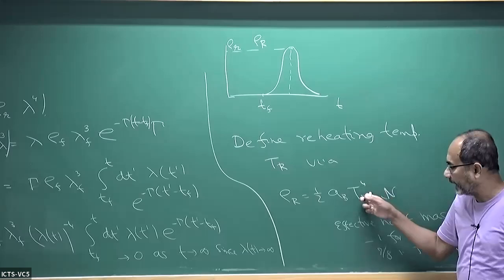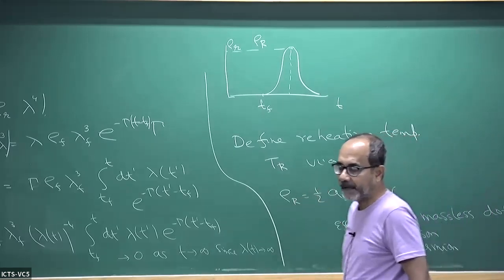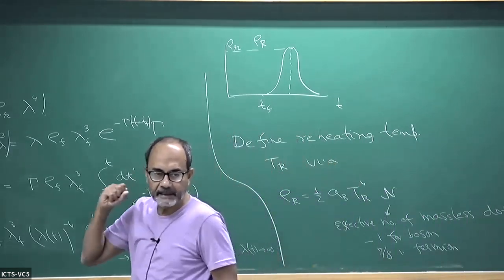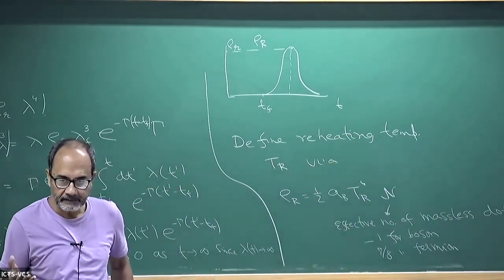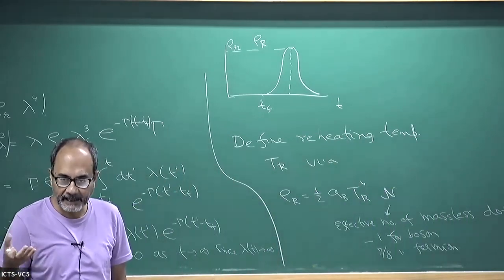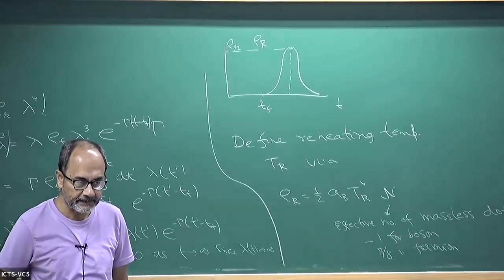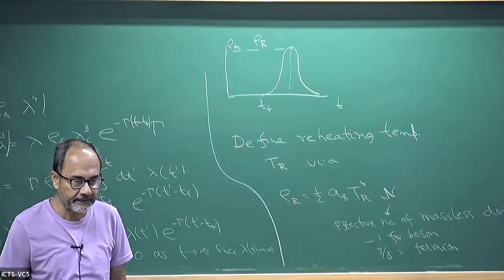So you calculate T_R, and this is what we call the reheating temperature, because this is the maximum temperature radiation acquires after inflation. This temperature has to be large enough so that you can create baryons after this, or create B minus L after this.